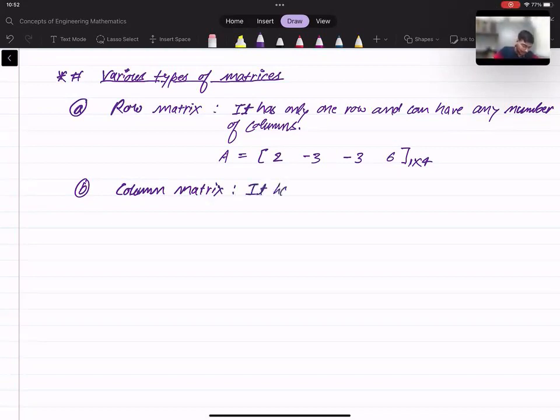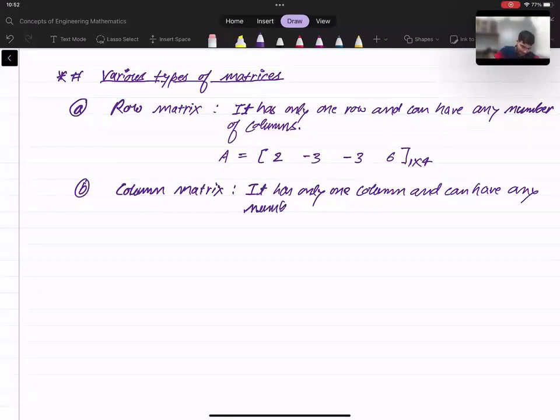So it has only one column and can have any number of rows. Let us see an example of a column matrix also.